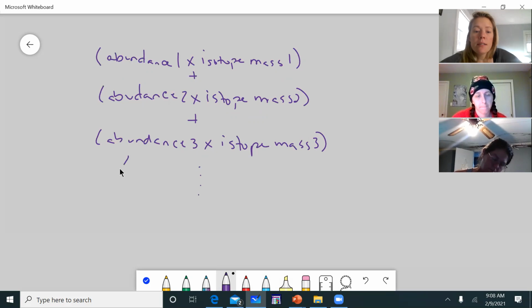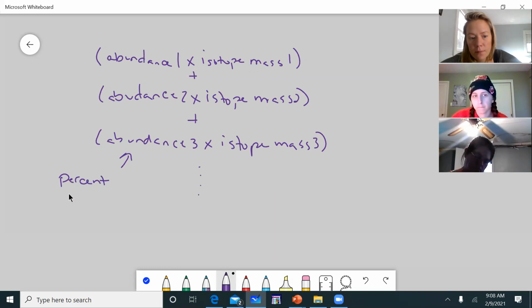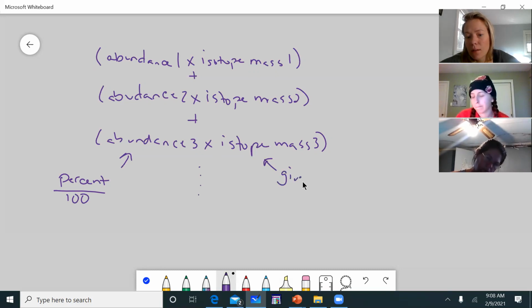So this first part, this abundance, you're gonna take whatever your percent is, so take percent and divide it by 100. Why? It's a way for us to get out of percentage and into decimal. This over here, the isotope mass, this will be given.